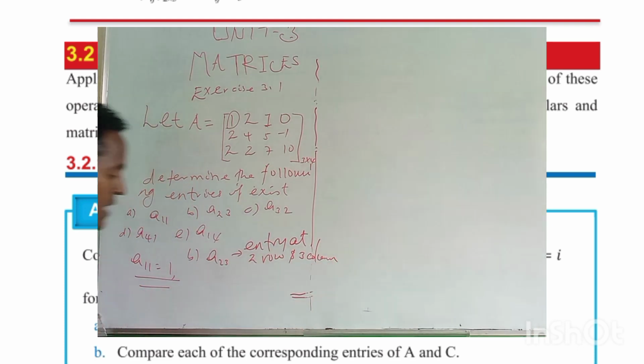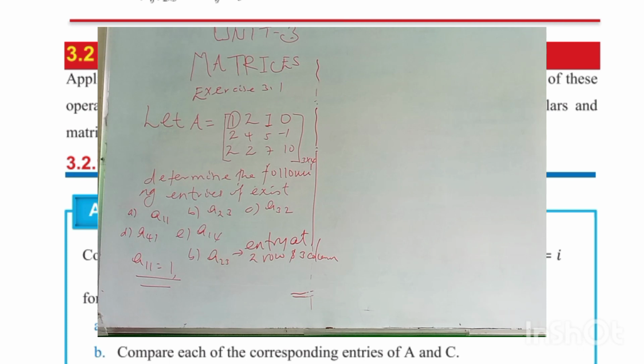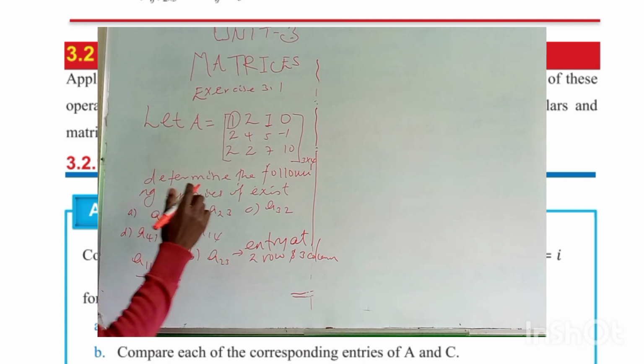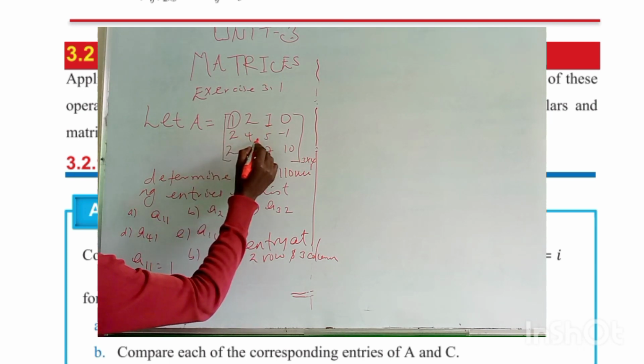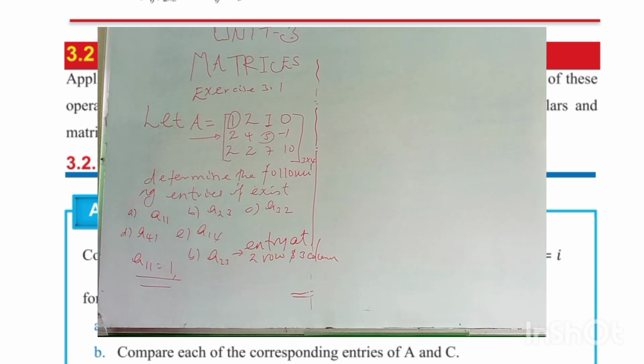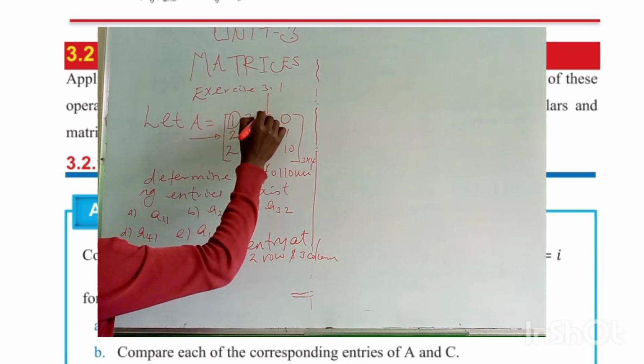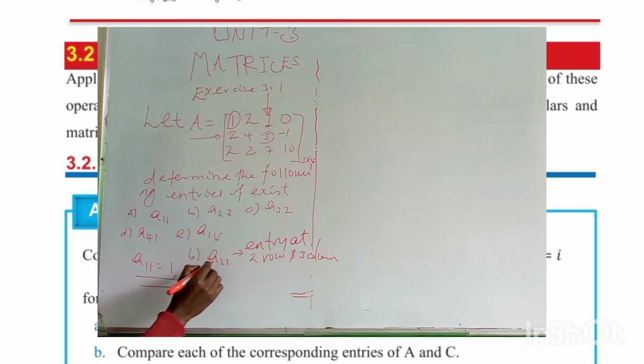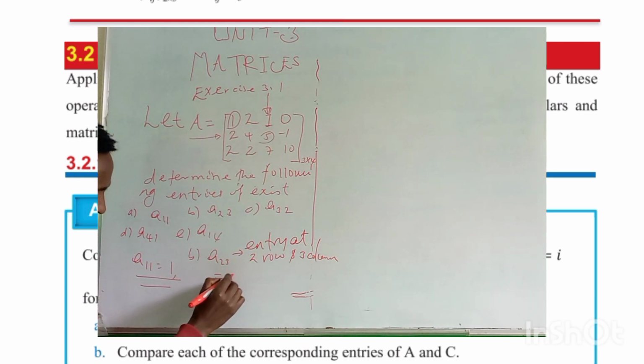That entry is 5, because 5 is found at the second row and third column. Therefore, A23 is equal to 5.